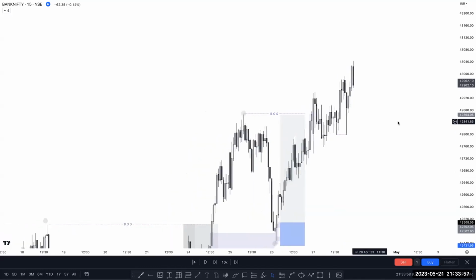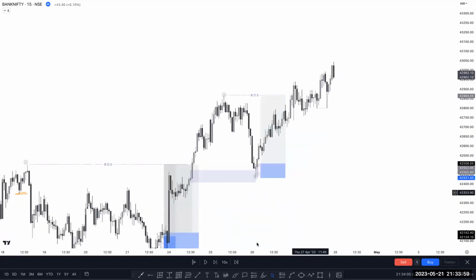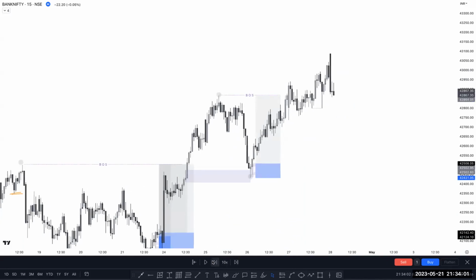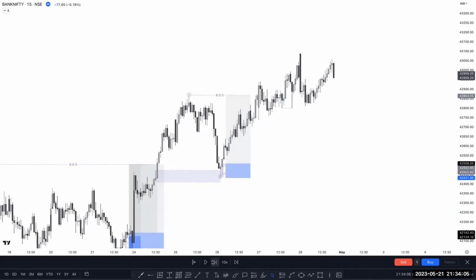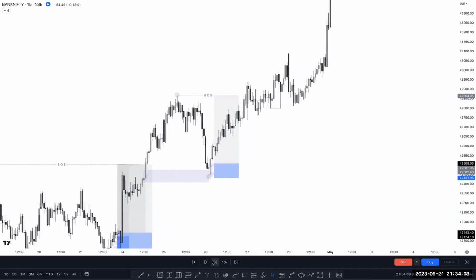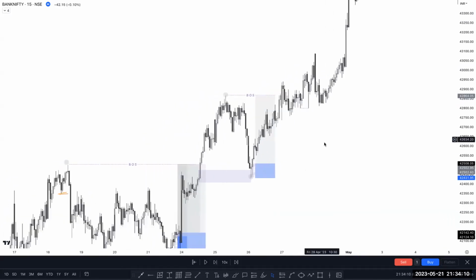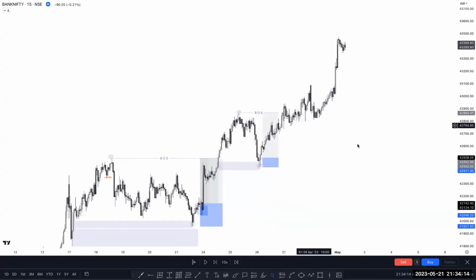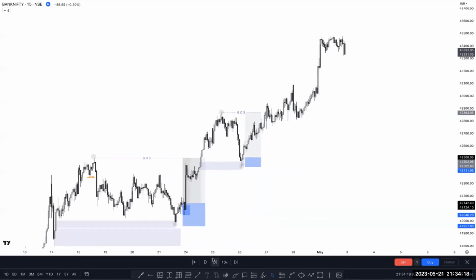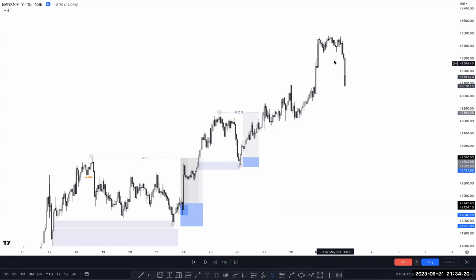This is not the inducement taken out, right? So you have to wait for it. Okay. Still not taken out. Based on structure, there is no entry created here. Now, finally, the inducement is taken out at this point.